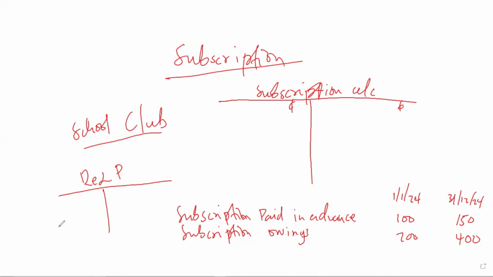So when the subscription is received, you see it on the debit side of the receipt and payment account, let's say 1,000 cedis, or they will tell you the amount that was received in that particular year for subscription.